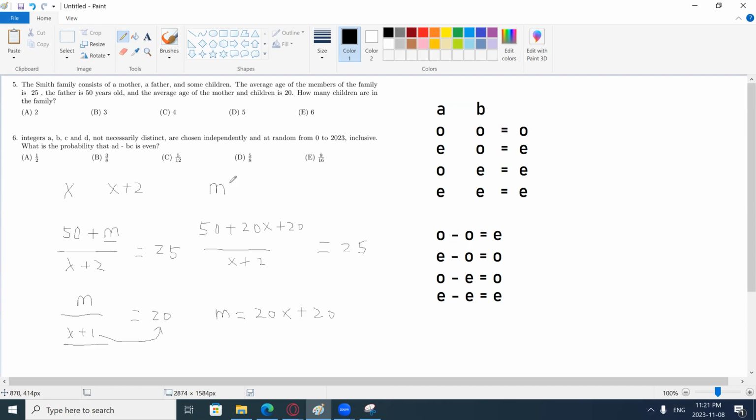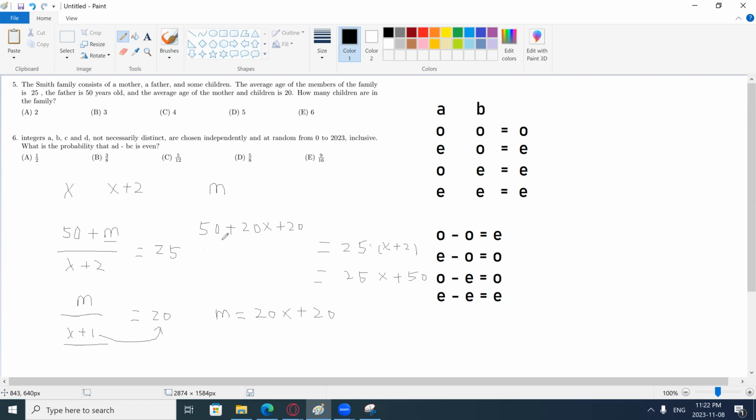But instead of keeping the x plus 2 here, we can multiply x plus 2 on both sides. So we can write it over here, and this would be equal to, if we distribute, 25x plus 50.